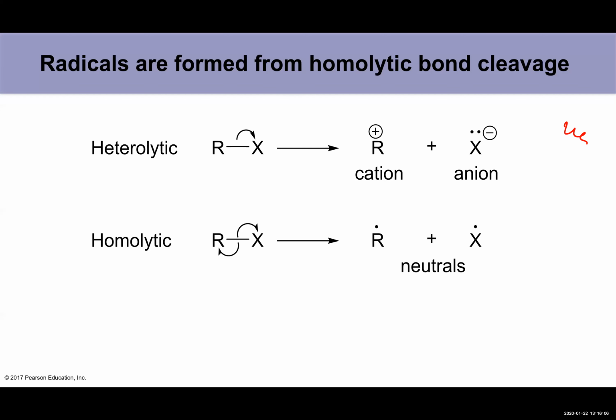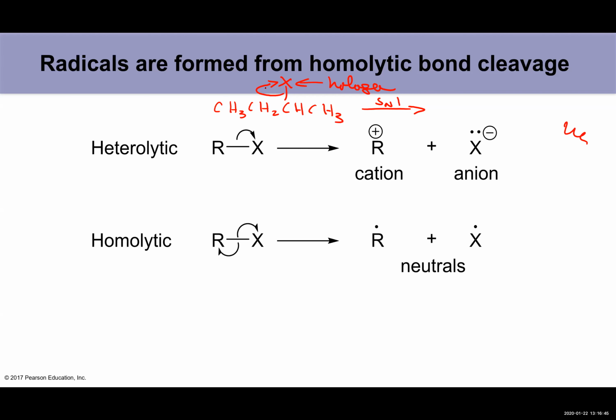So when you're doing an SN1 reaction, and you have a CH3, CH2, CH3 like this, and then you have a halogen here, and it undergoes SN1, you form a carbocation. So this bond breaks and goes to the halogen, and the reason it does that is because the halogen is more electronegative than the carbon, and so it pulls both electrons off.